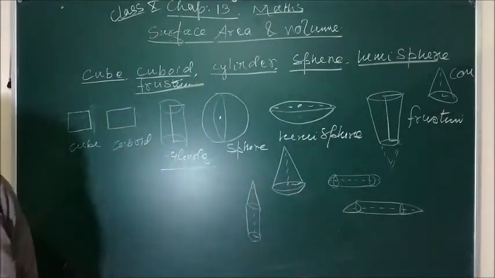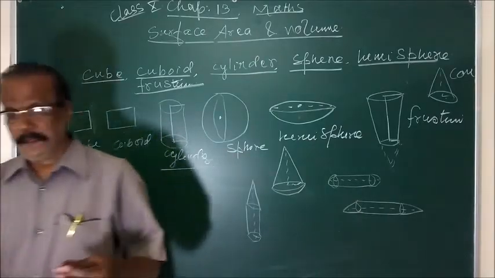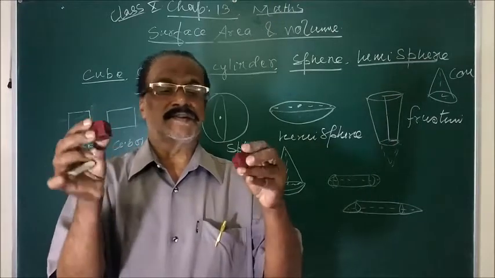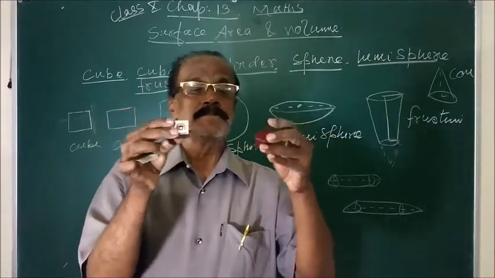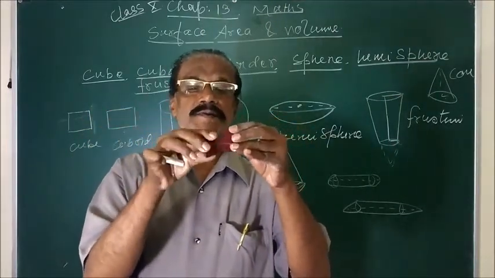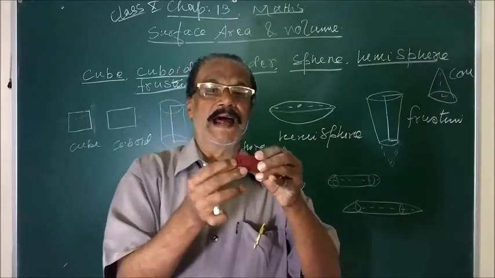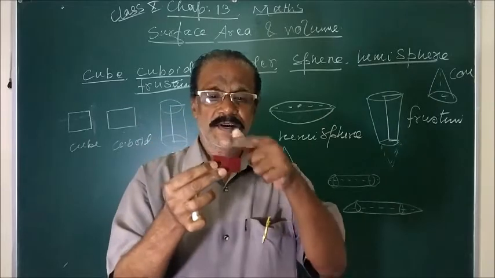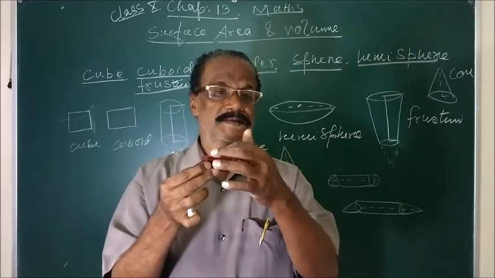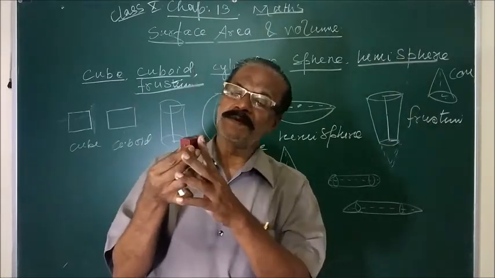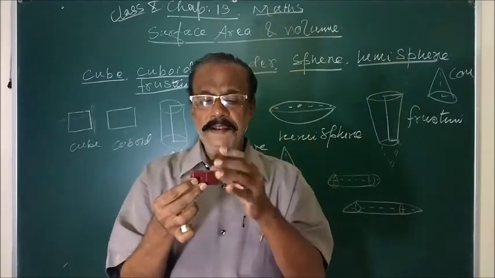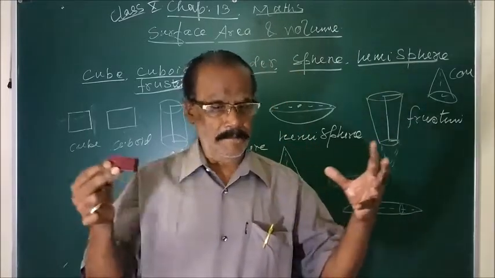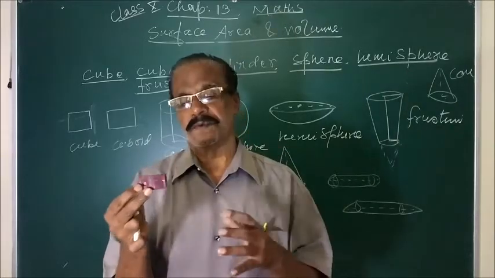Now you see, if you join these two cubes together, what is the result? You are getting a cuboid. This is the length, this is the breadth, and this is the height. Height and breadth will not change if you combine two or more cubes.